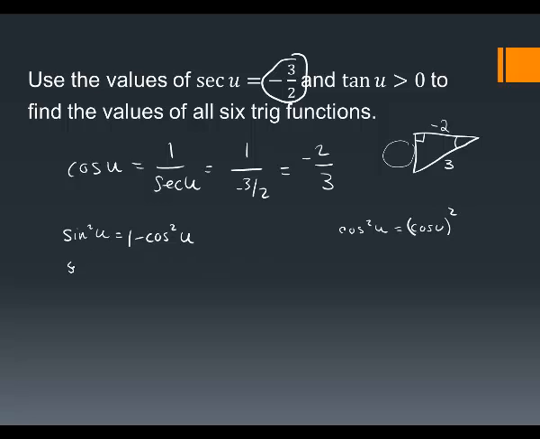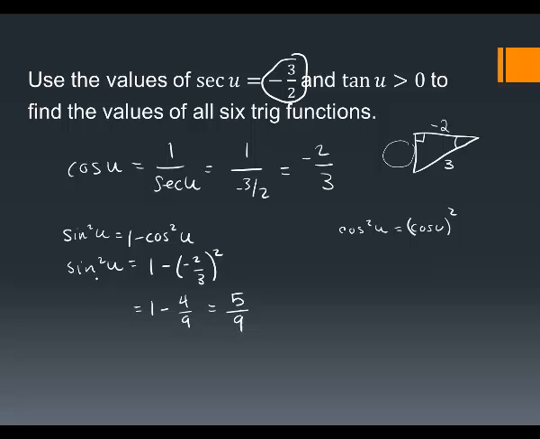So sine squared u equals 1 minus negative 2 over 3 squared, which is 1 minus 4 over 9, which ends up being a nice number, 5 over 9.